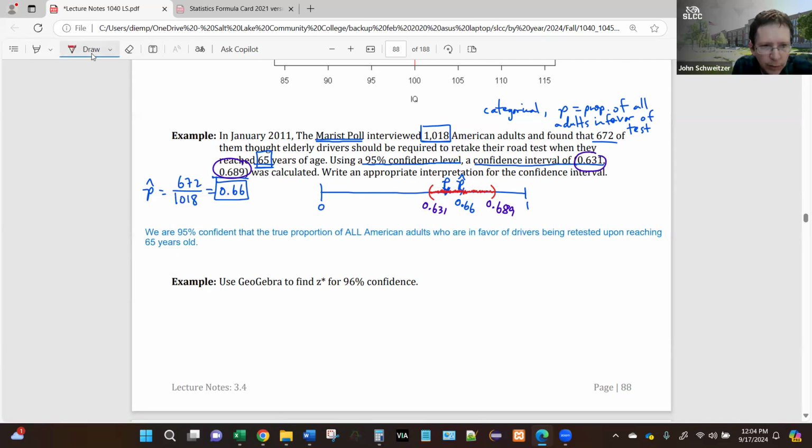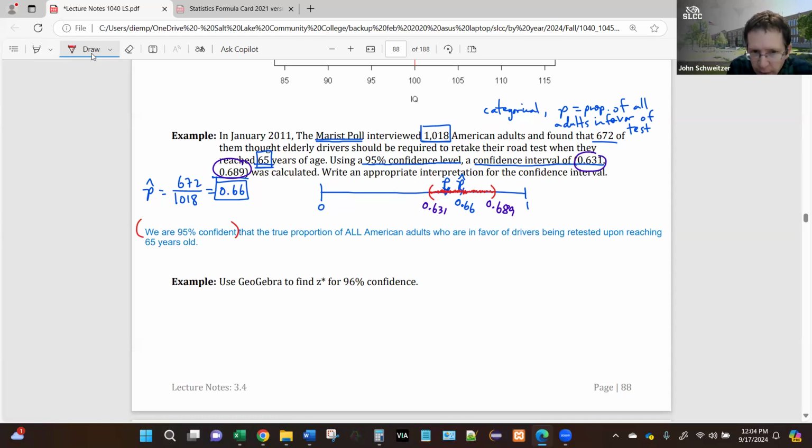That's the first part. You tell people how confident you are in the confidence interval. Some confidence intervals we have greater confidence of capturing the parameter, others have less. We'll talk about how we know what that level is and how we select the correct level. But for now, it's 95% confidence.